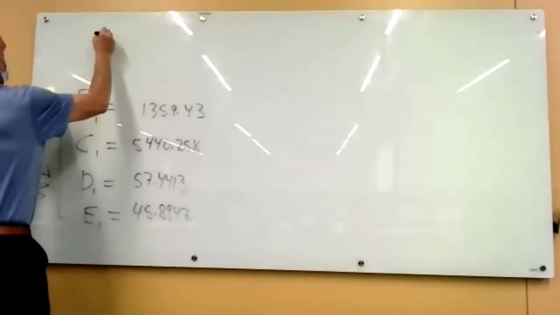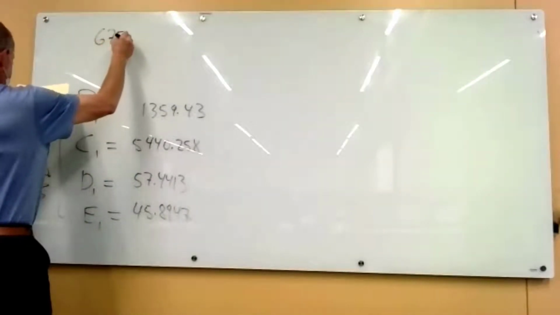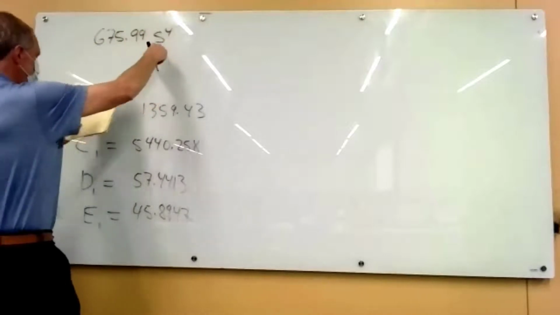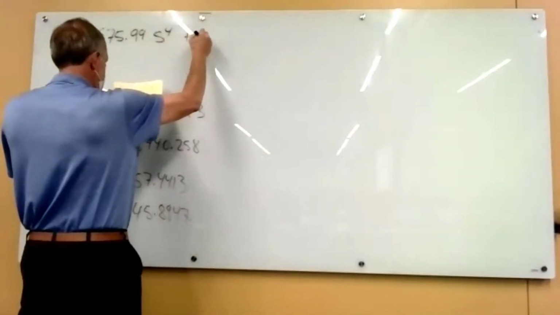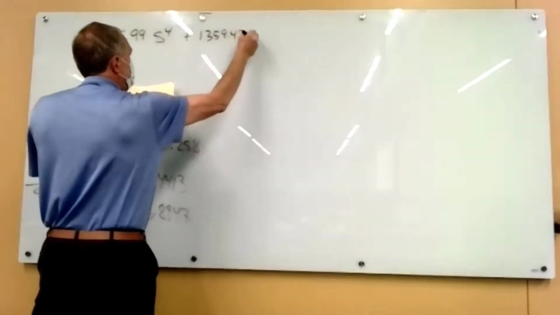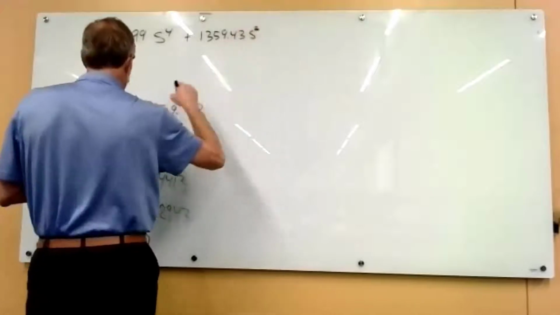So A1 was 675.99, and that's what multiplies S to the fourth. And there's B1.